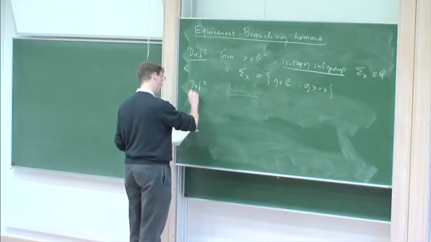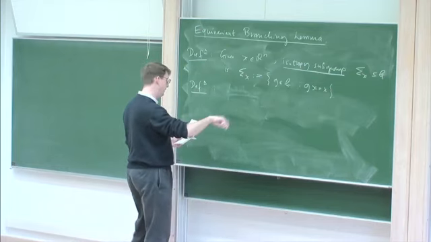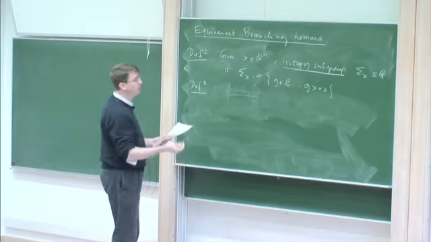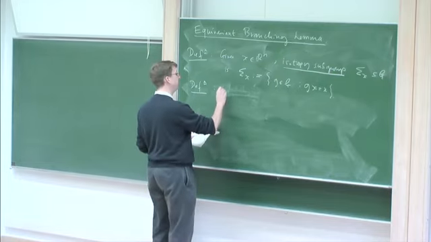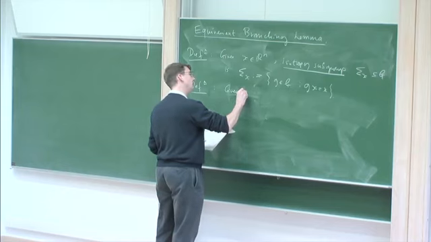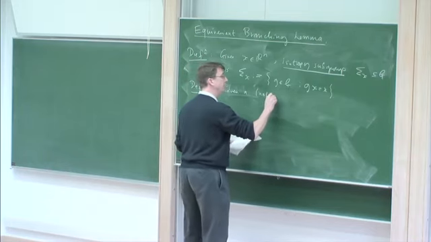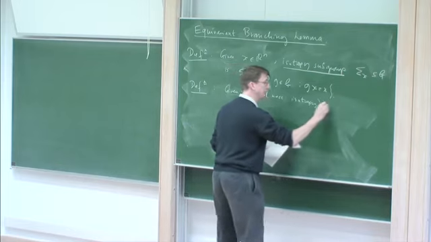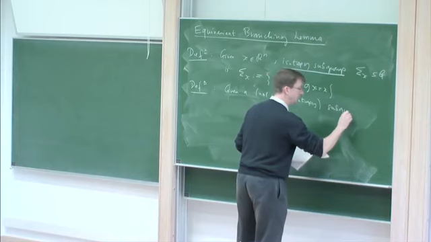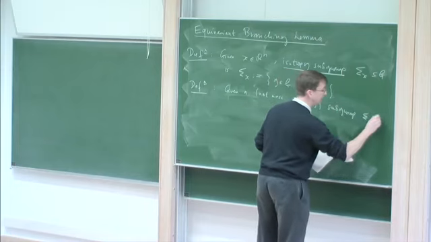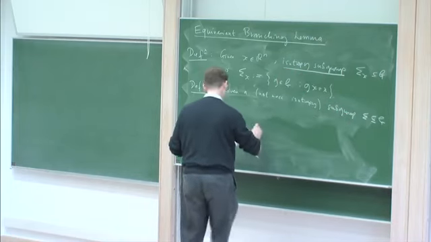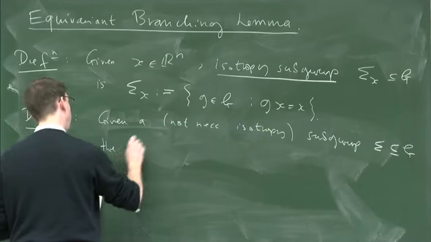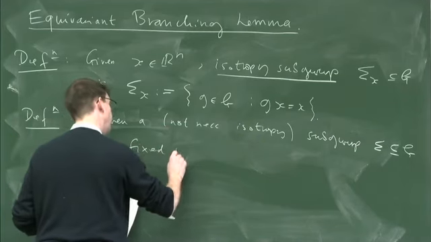The complementary definition is to say, if I have a subgroup, what are the points that are fixed? So given not necessarily an isotropy subgroup, just any subgroup sigma in G, we can define the fixed point subspace.